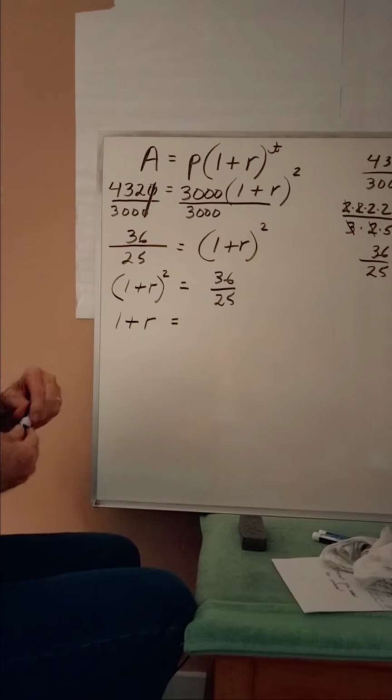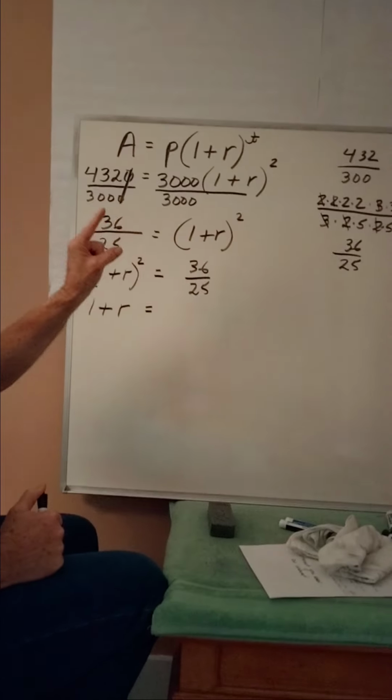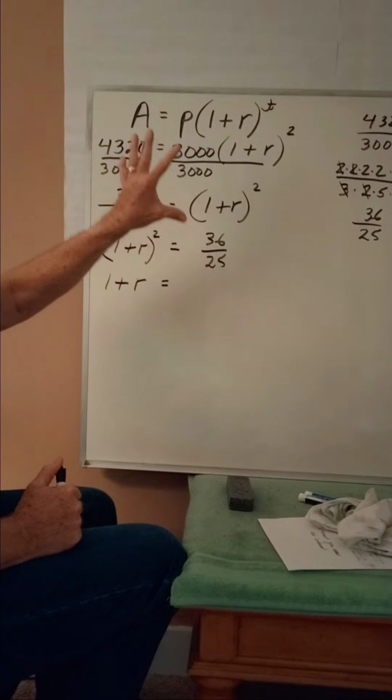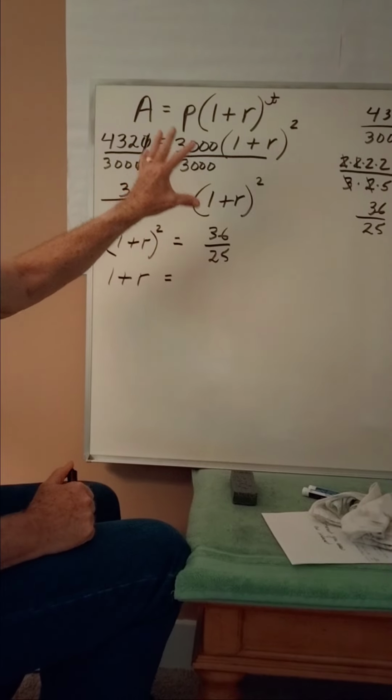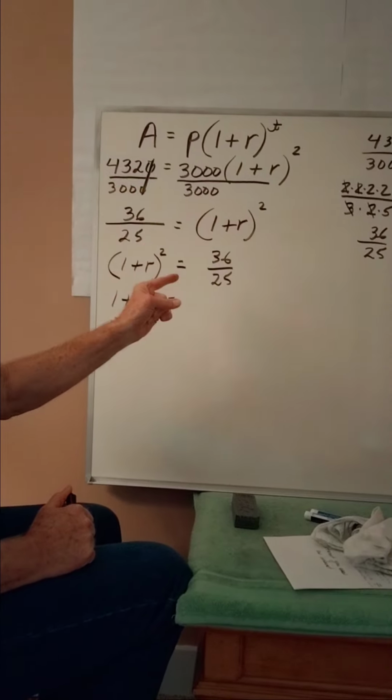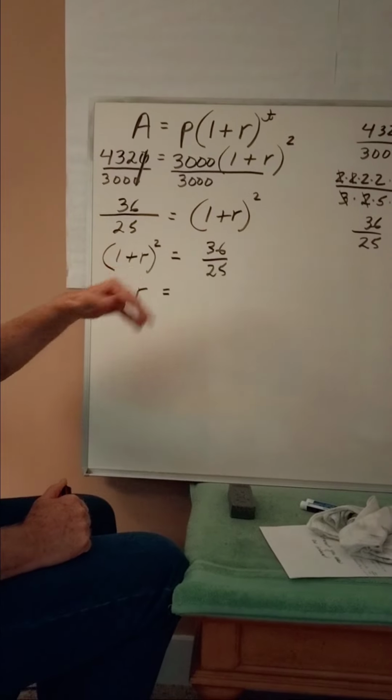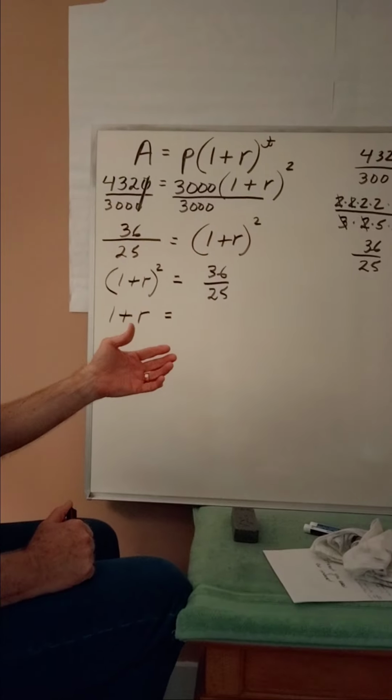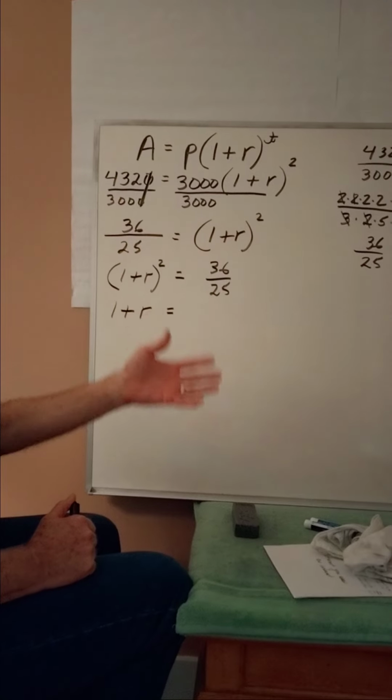Now I want to pause for a second. Let's not lose sight of what we are really being asked to find. We're being asked to find r, an interest rate. No interest rate can be negative.